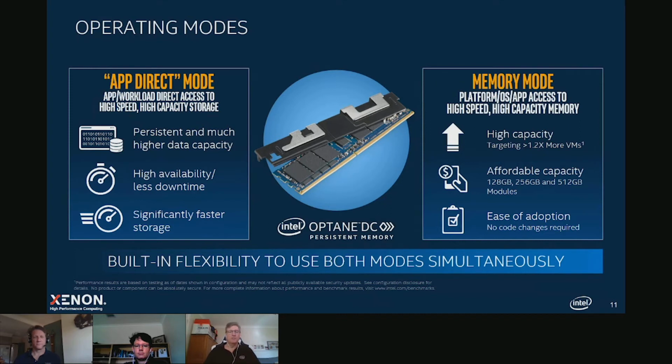It is just presenting to the operating system that you have potentially 6 terabytes of main memory in the system, very affordably. You can also operate it in app direct mode. In memory mode, it is volatile. So when you reboot the system, the data that was in those modules is no longer visible. You can also operate it in app direct mode or storage mode on the left-hand side. And in this mode, it is persistent.